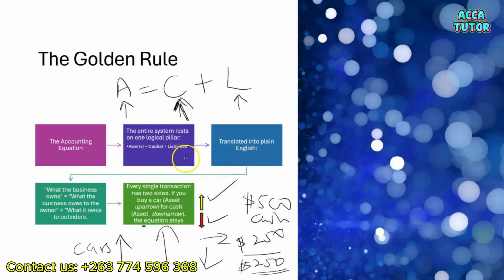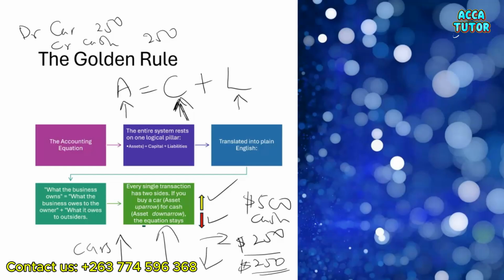So in this case, because asset car is increasing, we are debiting car. How much? $250. And crediting cash. How much? $250. So this is why we said every single transaction has two sides, the debit and the credit, an increase and a decrease to some extent.